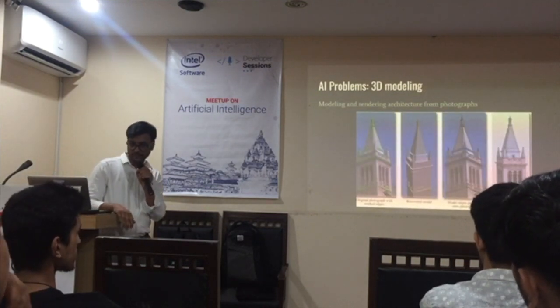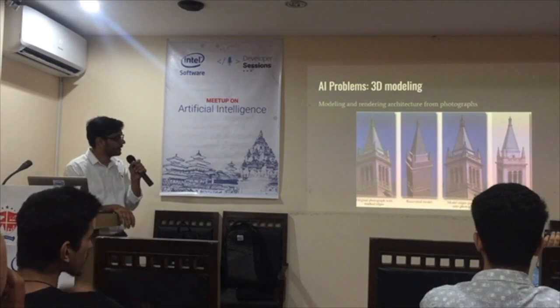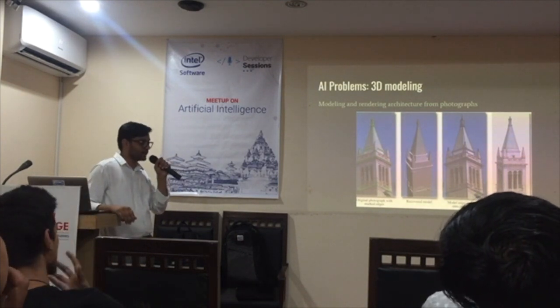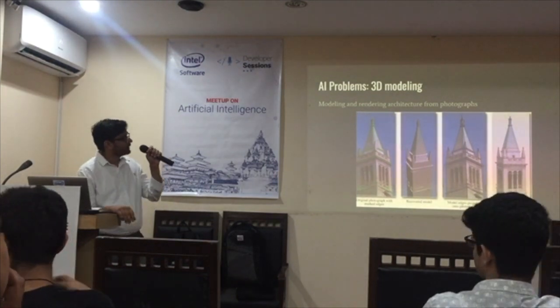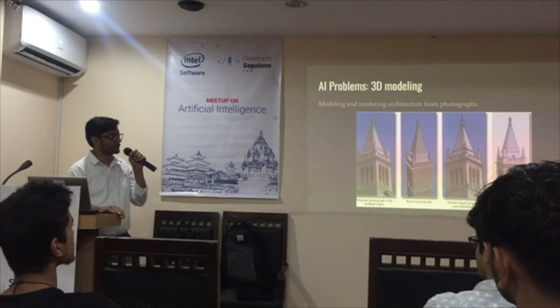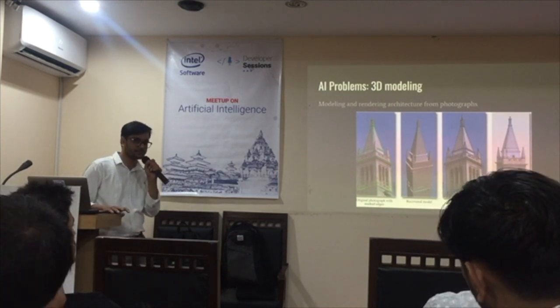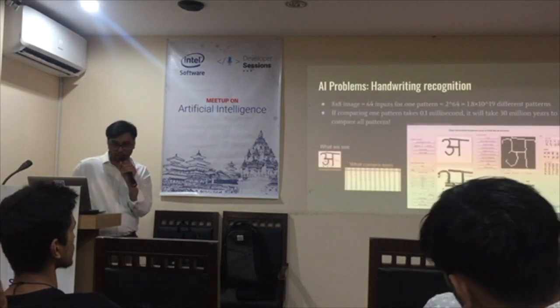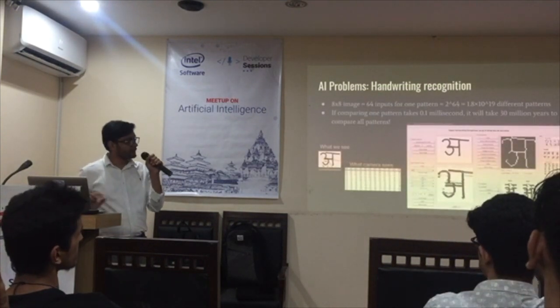Another AI problem is 3D modeling and 3D printing. The task is rendering or modeling 2D objects or photographs into 3D models. So it is one of the complex problems of AI. Another AI problem is handwriting recognition.